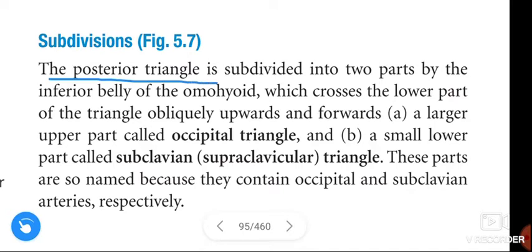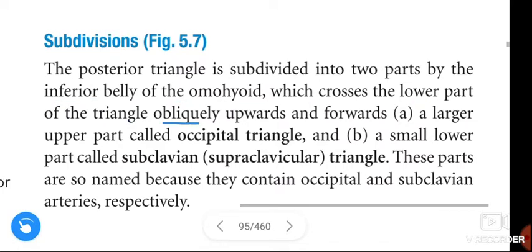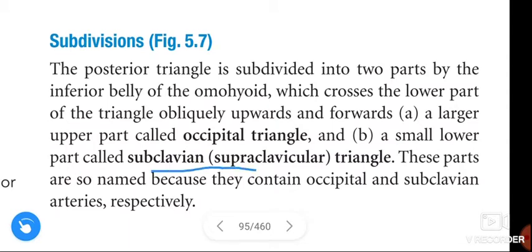The first is a larger upper part called the occipital triangle, and the second is a smaller lower part called the subclavian or supraclavicular triangle. These parts are so named because they contain the occipital and subclavian arteries respectively.